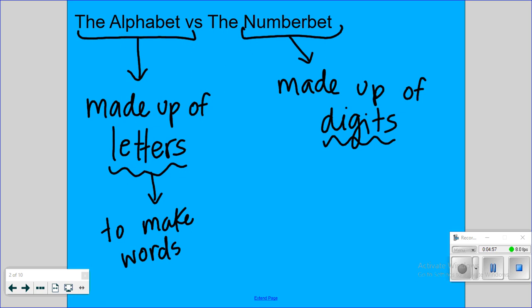With my digits, I can use those digits to make numbers. And just like that tricky A and that tricky I, my digits could be numbers on their own.